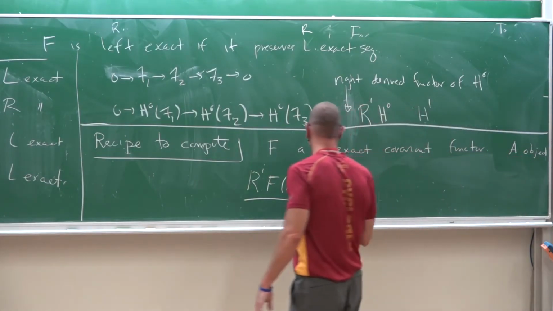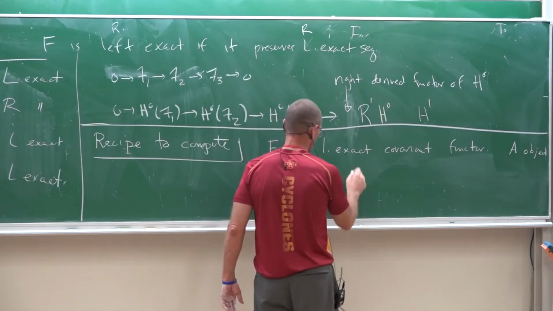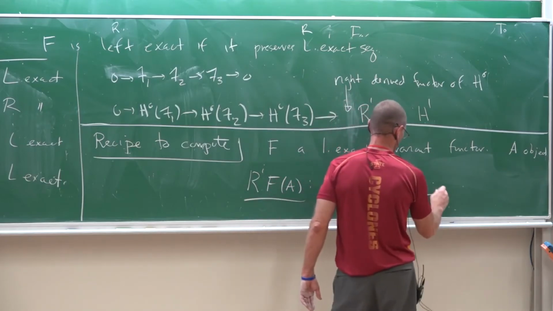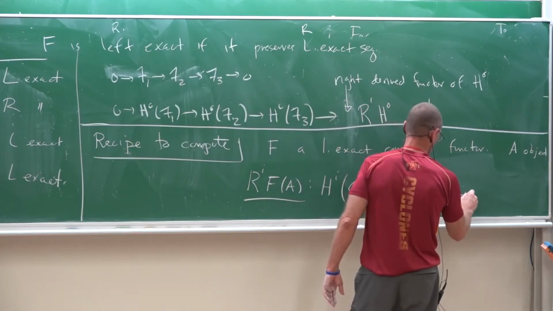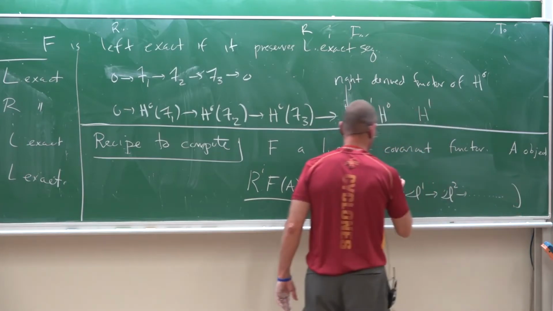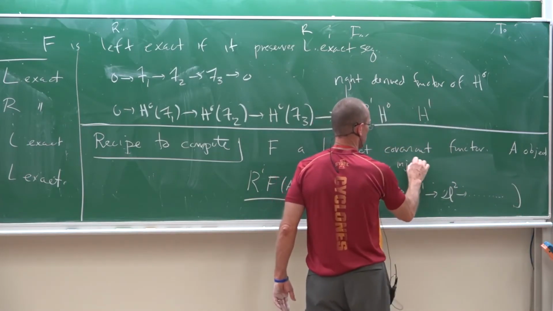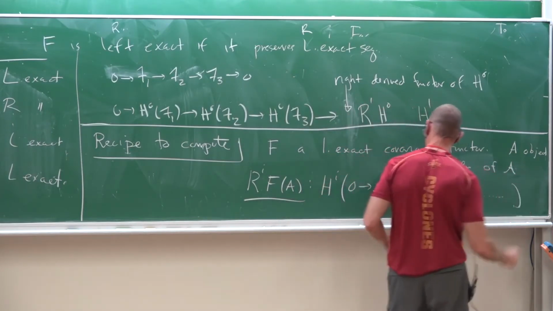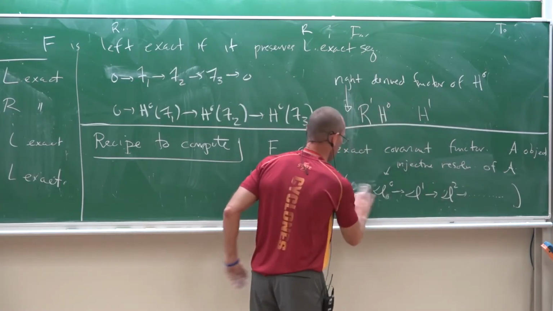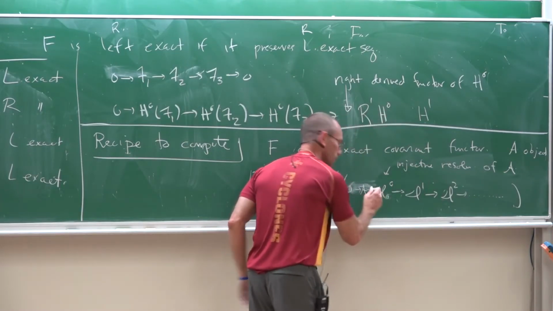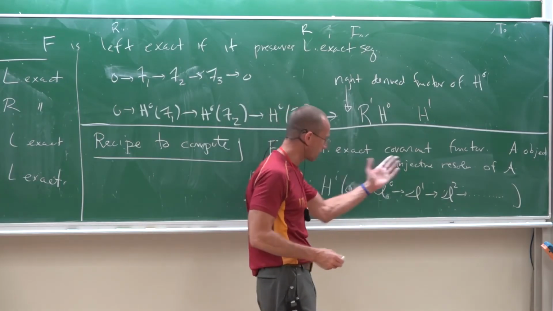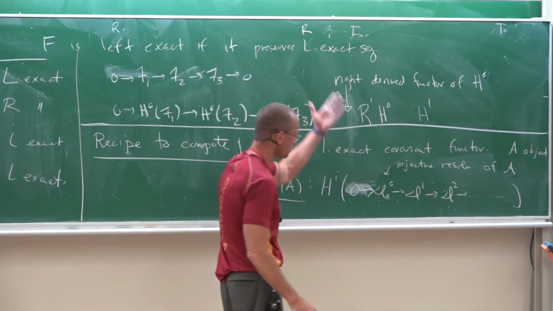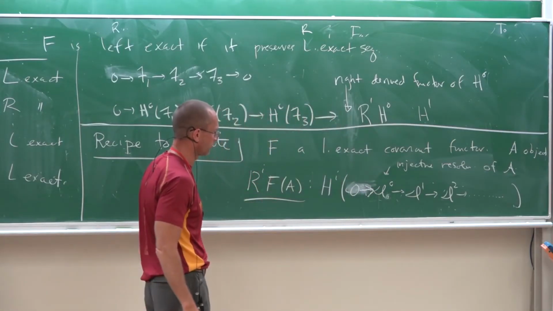To compute this, by definition, this is H^i of 0 goes to I0, goes to I1, goes to I2, goes on forever, where this is an injective resolution of the object A. In other words, it's not there, but if I penciled it in, this would be an exact sequence. So I take an injective resolution, I drop the object itself, and I've got this. And then I just compute the homology of this, and that's it. That's how I define the derived functors.